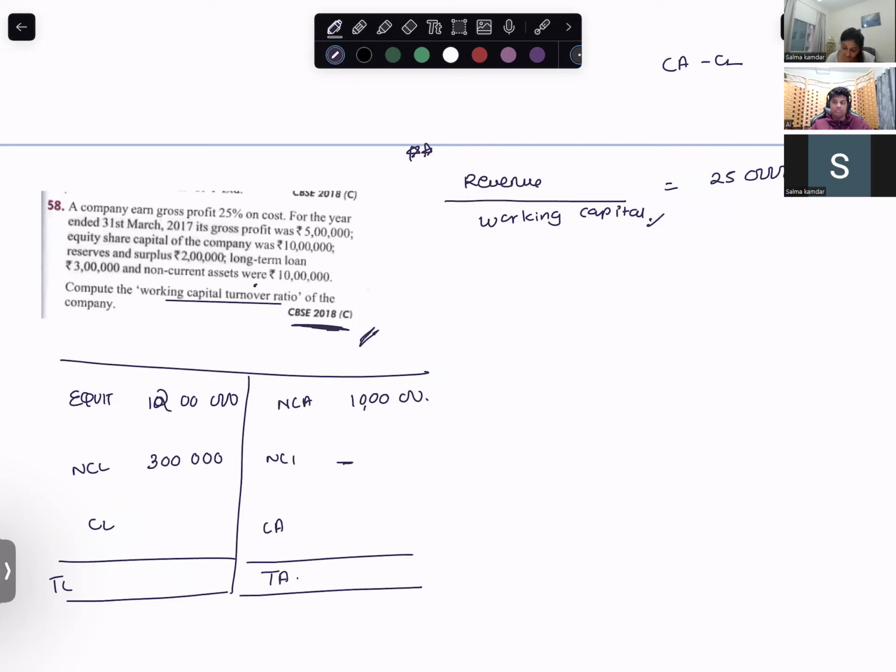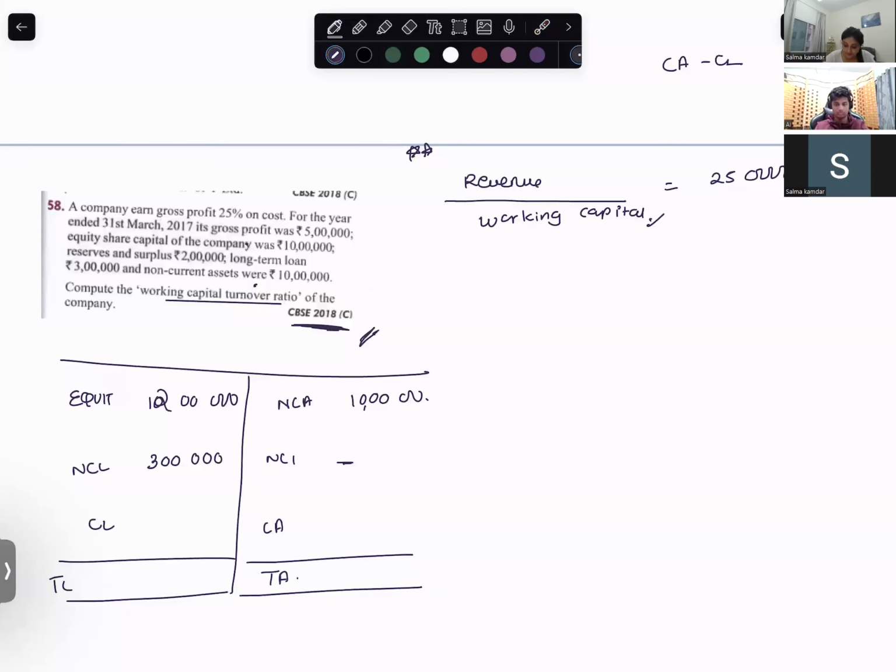Let me check again. Equity share capital of the company 10 lakh and reserves and surplus 2. 300,000 is the long-term loan. Non-current assets is 10 lakh. How do I find out working capital? Think.